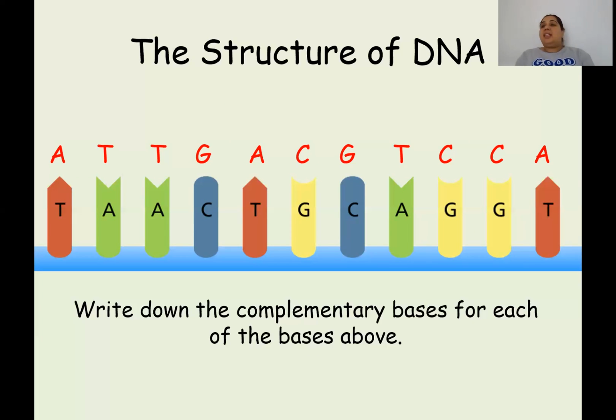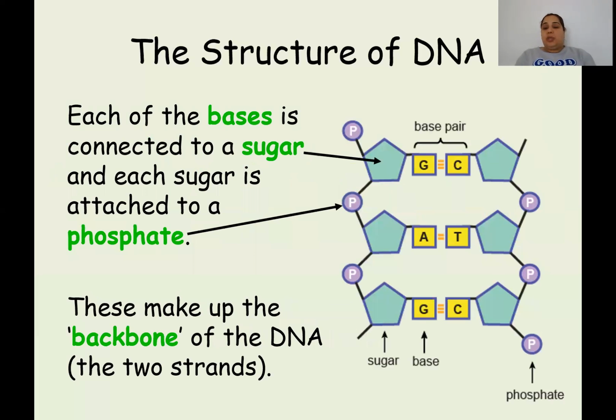Again, like I said, in the exam, you may be given a very short strand, and you may be asked to provide the complementary strand for that particular sequence of bases. Okay, so as I mentioned, we're going to look at the structure of DNA in a bit more detail. So obviously very important here, we've got the double helix structure.